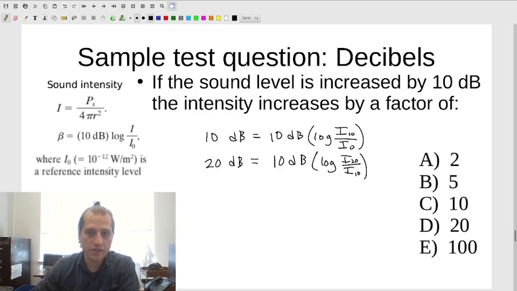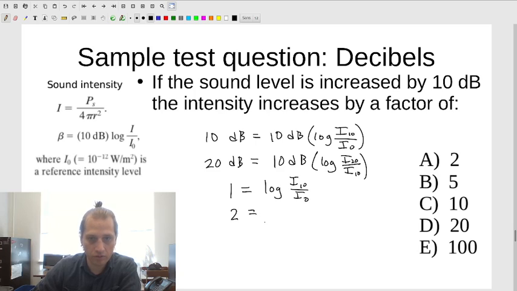Okay, so in this case, you can divide both sides by 10 decibels to get that 1 equals log of I10 over I0, and then 2, taking 20 divided by 10, equals log of the intensity from 20 decibels over I0. And then if you want to get rid of that log, you take each side as 10 to the 1 and 10 to the log of I10 over I0.